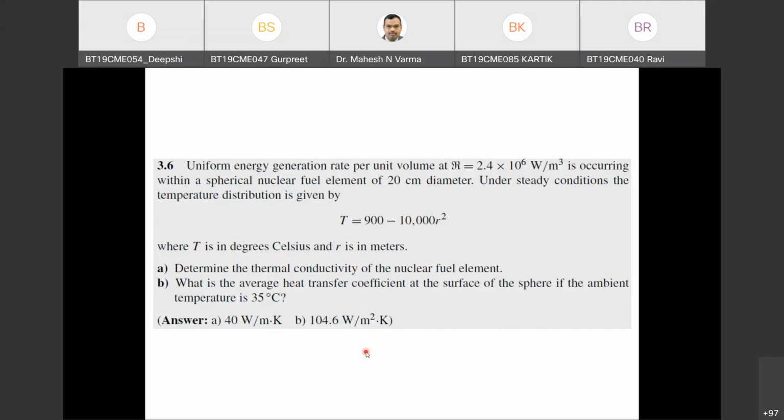So certainly, if you have some model equation in mind, relating all this, that will come to your mind straight away. Because I want k, G is given, r is given. Certainly, I need a flux, I need a dT by dr, that can be calculated, flux can be calculated, hence k can be calculated. So it means that I need to use Fourier law of heat conduction.